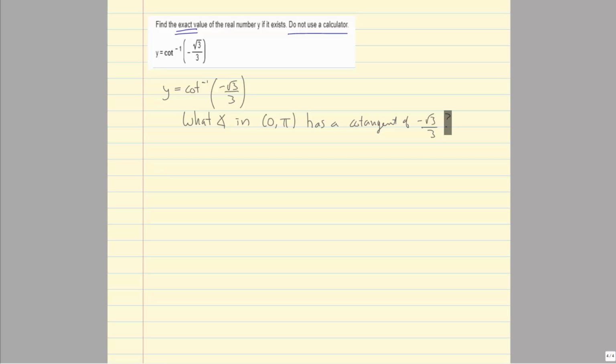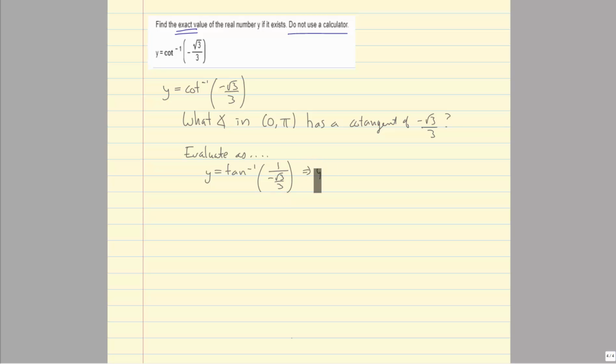However, if you didn't, we want to convert these to tangent and inverse tangents, things that we know a little bit more about. So I want to evaluate this as y equals inverse tangent of 1 over -√3/3.